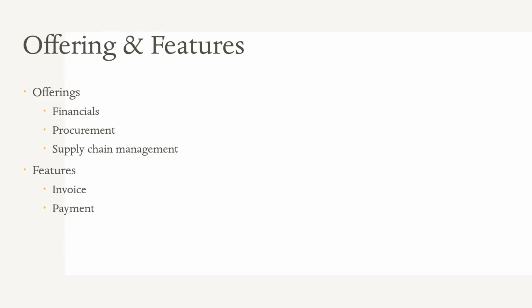This is the difference between offerings and features. An offering is global, like financials or procurement, whereas a feature is an individual functionality, like invoice entry, payment entry, or the PPR. Similar to this. Okay.